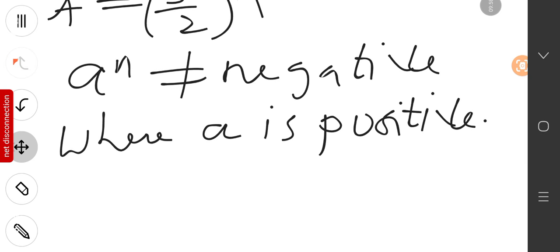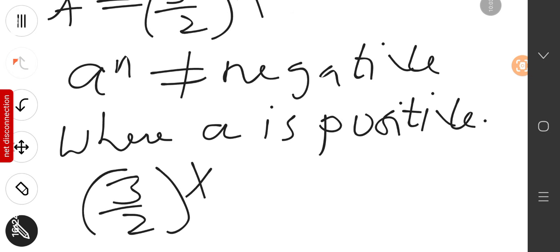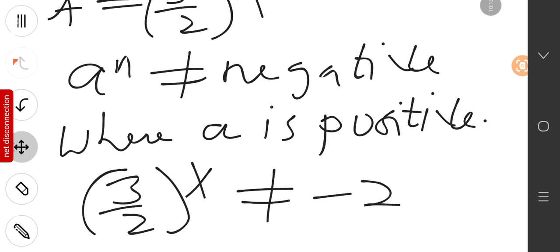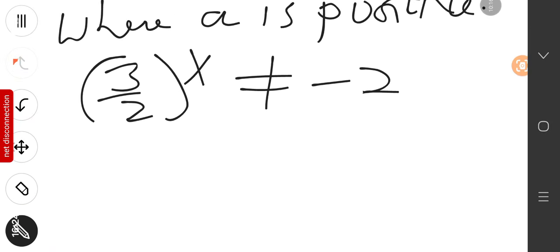Therefore we can say (3/2)^x is not equal to -2. Now, the quadratic equation gave us two answers, and already we have disproved -2. So we are left with the other answer.